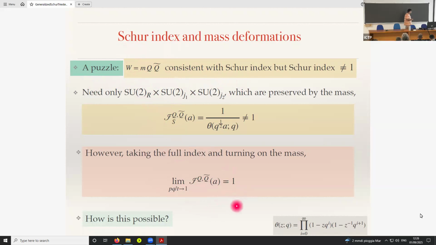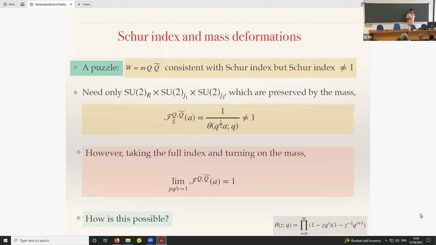We already learned that if you take the full index of the hypermultiplet and set qp over t equals to 1, the index just becomes equal to 1. So the index trivializes. On the other hand, if you first set q over t to be equal to 1, and then set p equals to 1, the index is independent of p after you set q over t to be equal to 1.